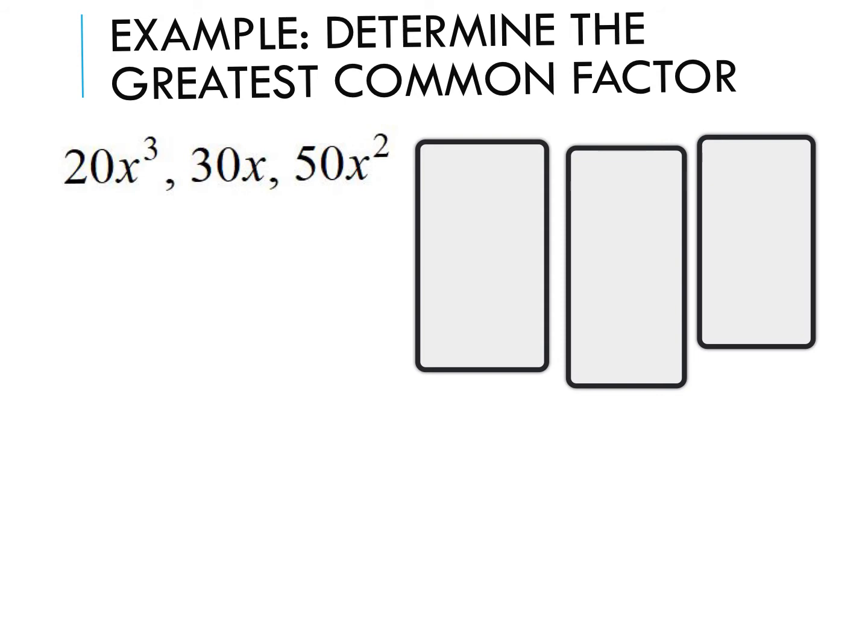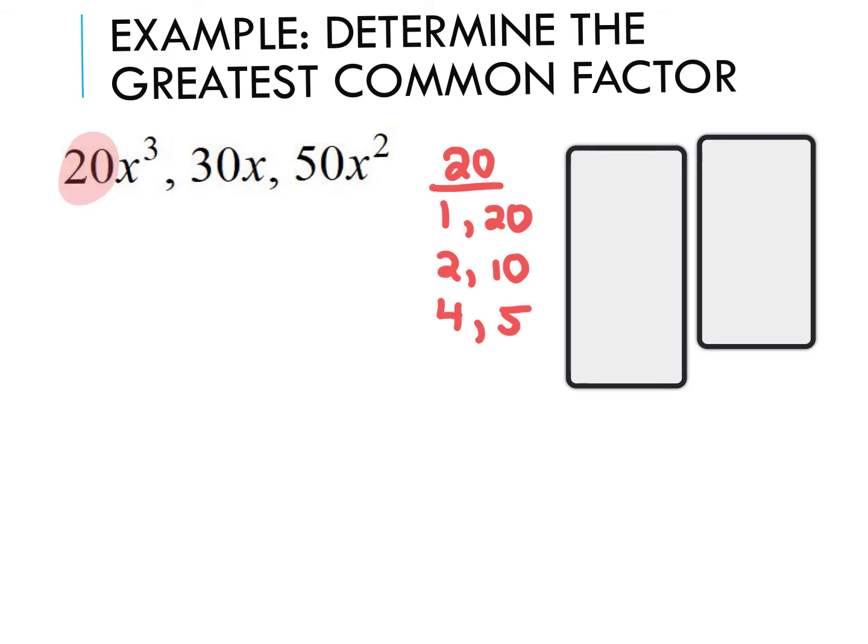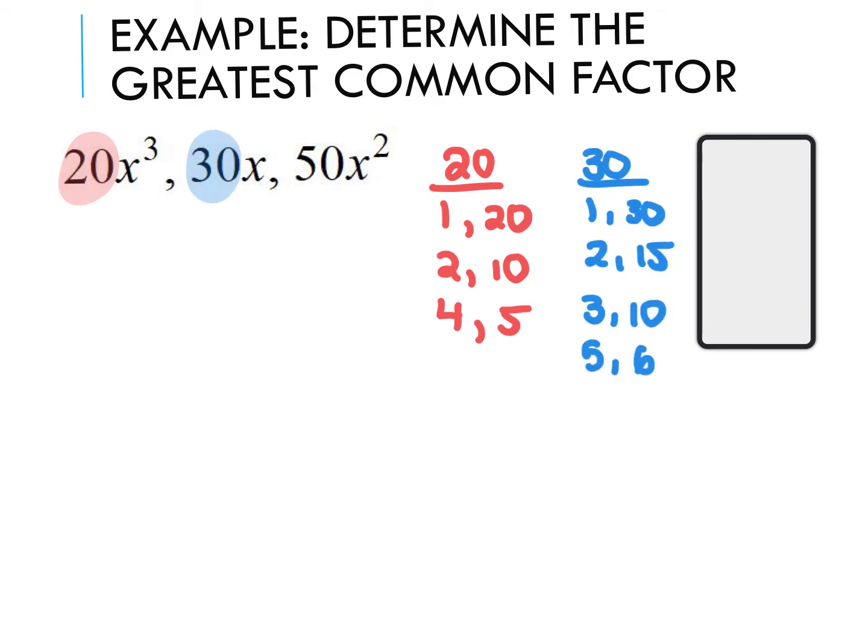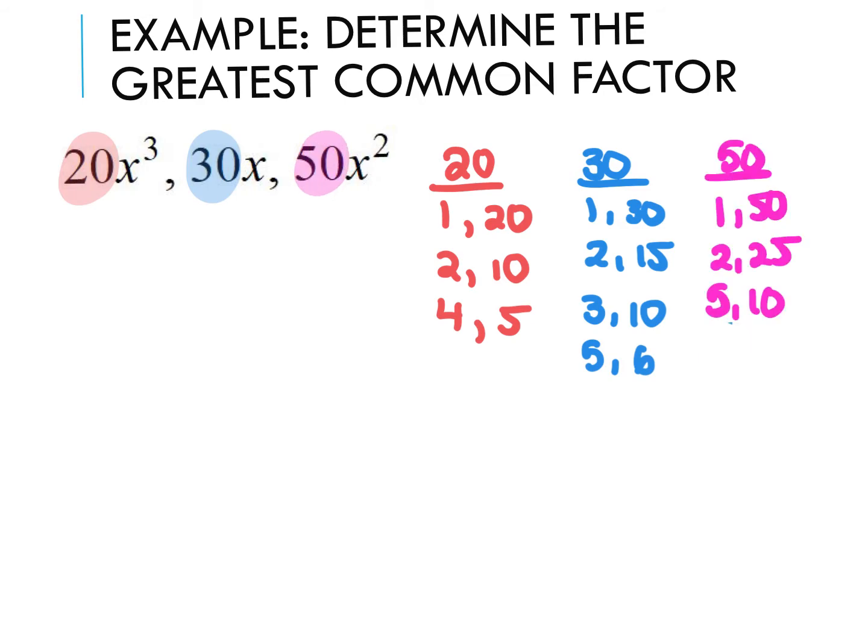Now for an example with 3 terms, we follow the same process. So I start by listing my common factors of each. So first I list the factors of 20, which I get 1 and 20, 2 and 10, and 4 and 5. Then I list my factors of 30. So I get 1 and 30, 2 and 15, 3 and 10, and 5 and 6. And then lastly, I list my factors of 50. So I get 1 and 50, 2 and 25, and 5 and 10.